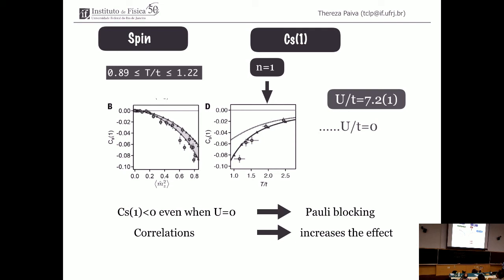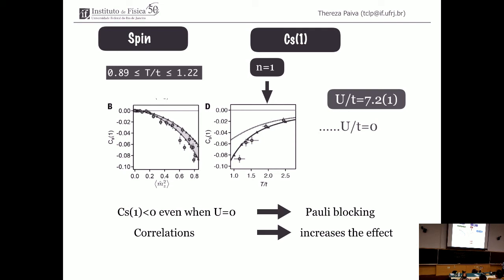The dots here, the triangles, are quantum Monte Carlo data, and the lines are numerical linked cluster expansion data, which is really reassuring because they are completely different methods and they agree very well. And here, the blue circles are the experimental data. So we see that the experiment is more or less in this range of temperature. And here, as the moment increases, we see a decrease in spin correlations. They get more negative, and this is expected.